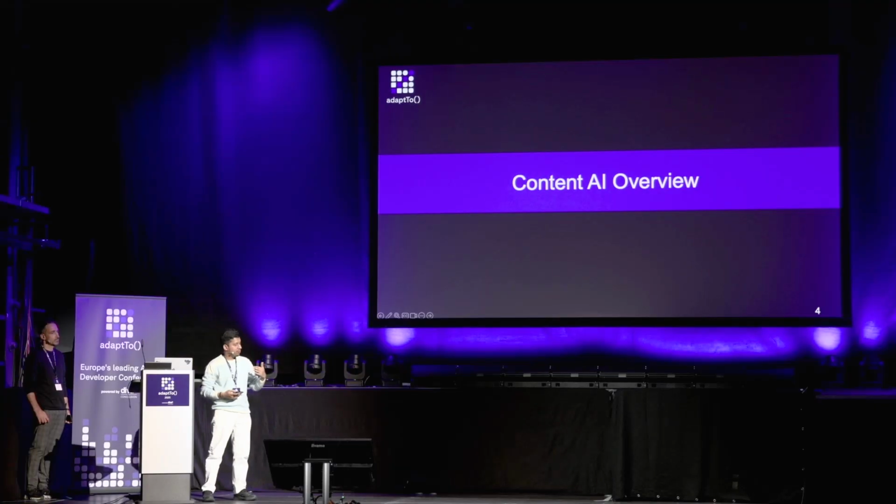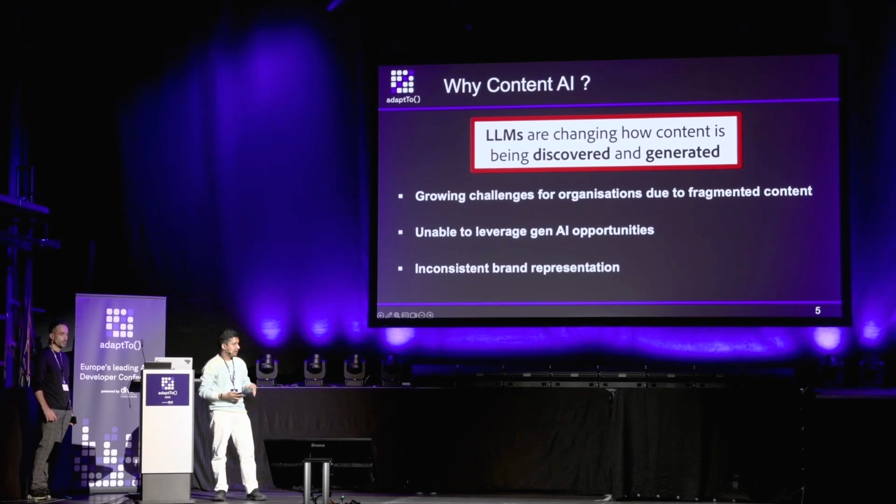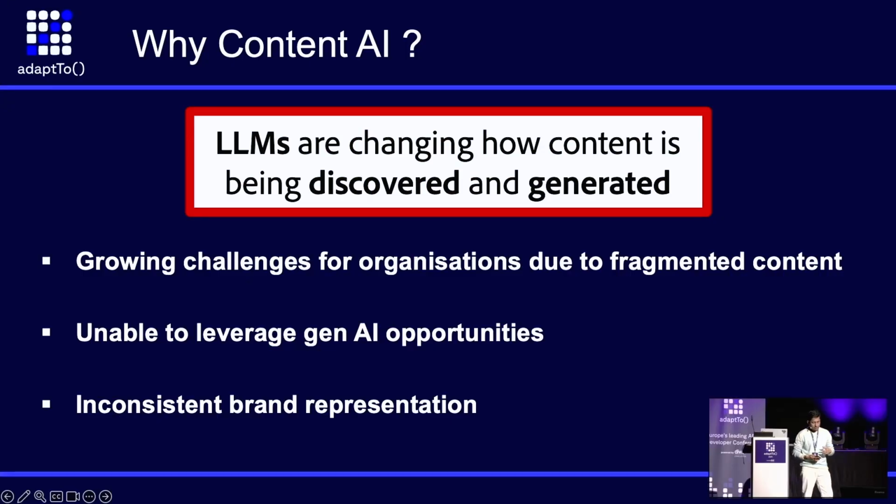Okay, so the overview. Before getting into what Content AI is, I'd like to address why the need for such a solution. Over the past couple of years, LLMs have changed how content is being created and discovered. There have been a lot of toolings that have come in for organizations to make use of the various AI use cases.